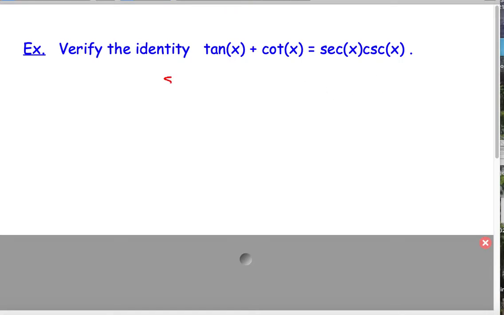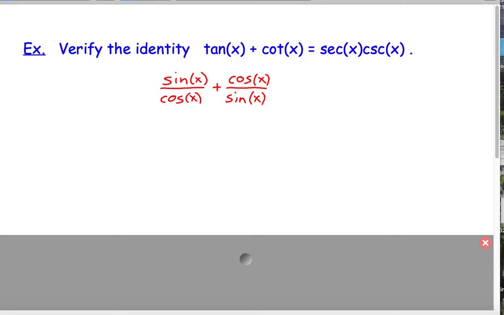So I'm going to change tangent to be sine of x over cosine of x, plus, and then cotangent is cosine of x over sine of x. Now I can't add these together because they don't have the same denominator.